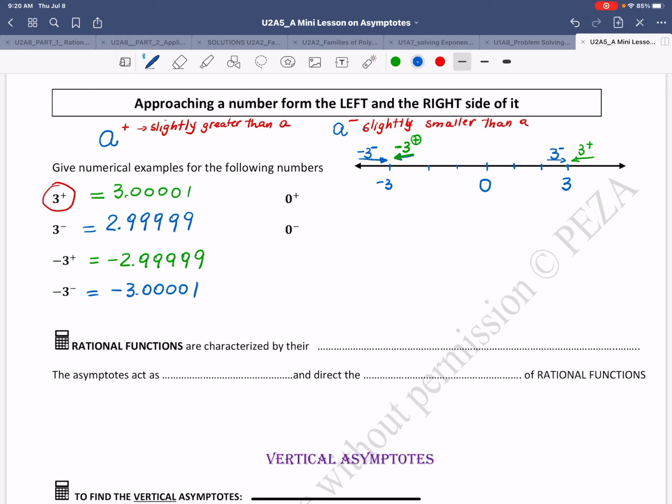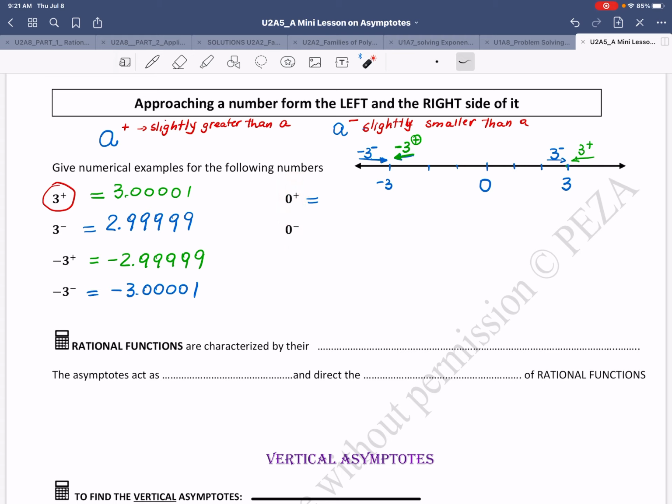So what I'm trying to emphasize here and what I want us to get from this exercise is that, again, the plus or the minus in the exponent spot here doesn't mean that the number is necessarily positive or negative. Now, only for one number, number 0, when we say 0 plus is a positive and when we say 0 minus is a negative.